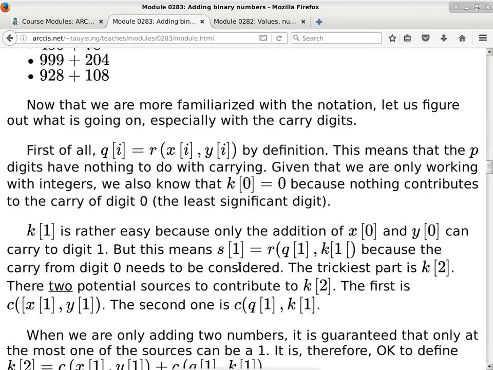But there's a second source of that carry, which is the green one. So this can also be the carry of adding the result of adding the red component, which is this one here, and the carry from the previous column.